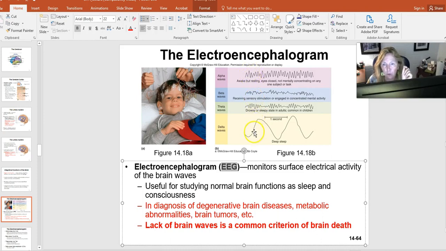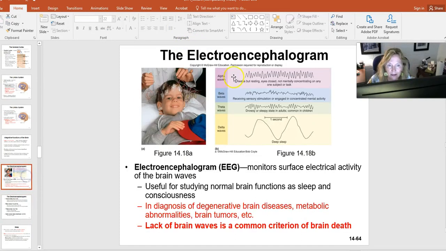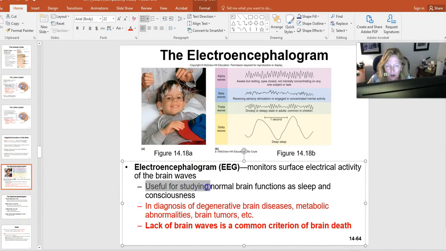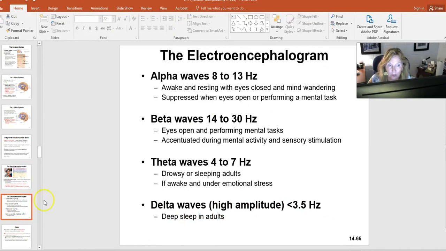So these are 4 very distinct different patterns that actually happen. That's all I'm going to ask you. I'm not going to ask you to be able to recognize which is which, but I do want you to know that this is how a neurologist would evaluate these wavelengths and know what is actually happening. So it really is useful to neurologists who are studying this to look at what is going on during these particular patterns and making sure that it is appropriate to what should be going on.